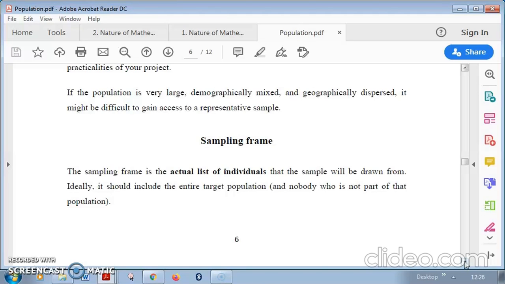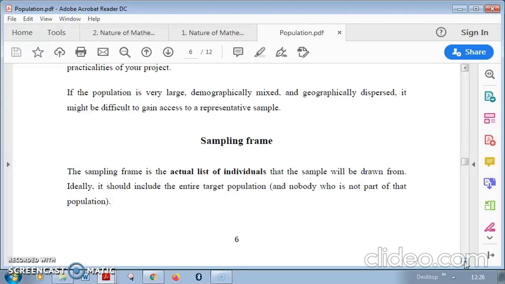So from the students list, I am going to select some sample. The whole of Central University of Tamil Nadu is my target population, and from that I am going to select some sample. So I have the sampling frame ready. That means the whole students list is there in my hand. That is known as a sampling frame.